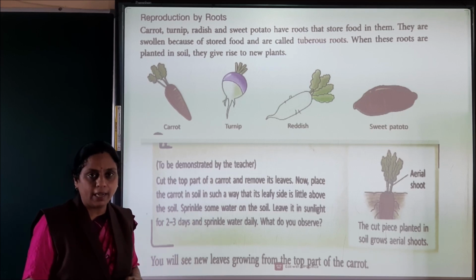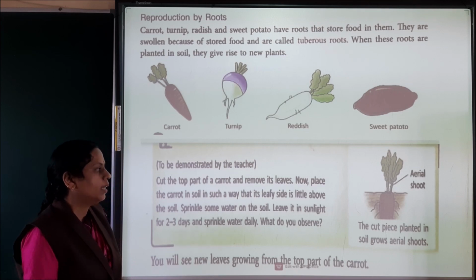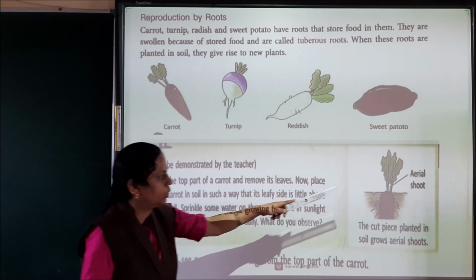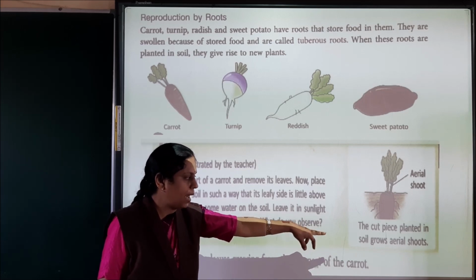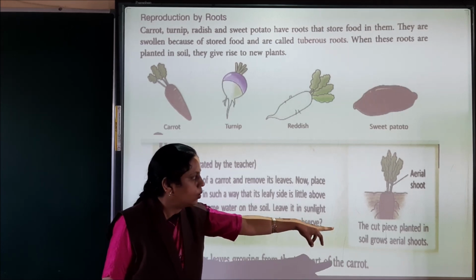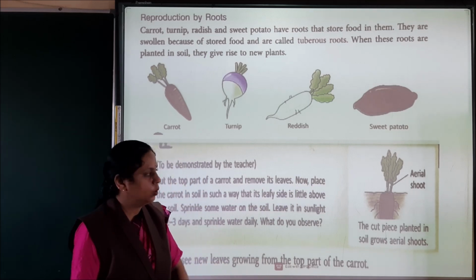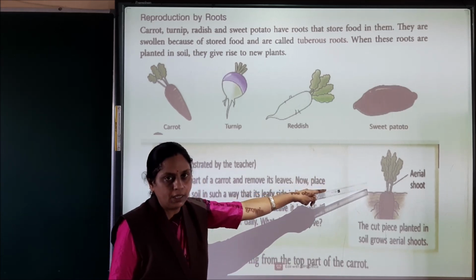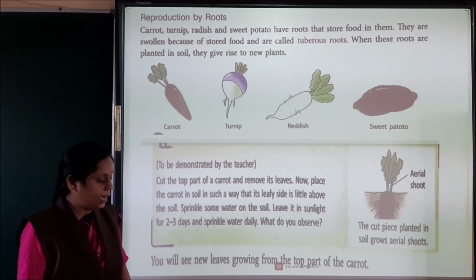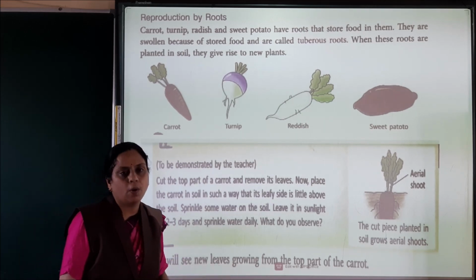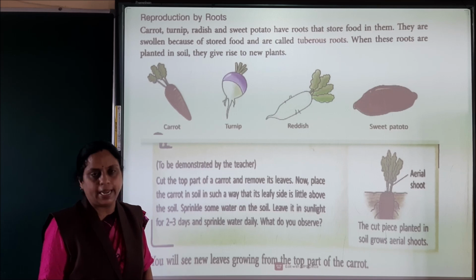What changes will take place? You will see aerial shoots. You can see in this picture the cut piece planted in the soil grows an aerial shoot. You can see this aerial shoot is growing. So we can say that leaves grow from the top part of the carrot.